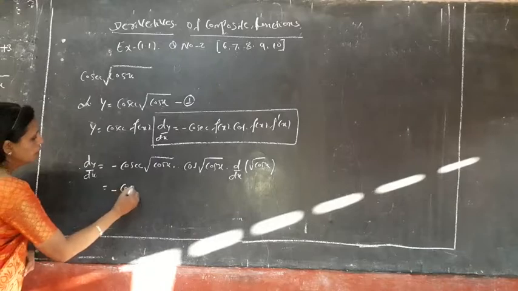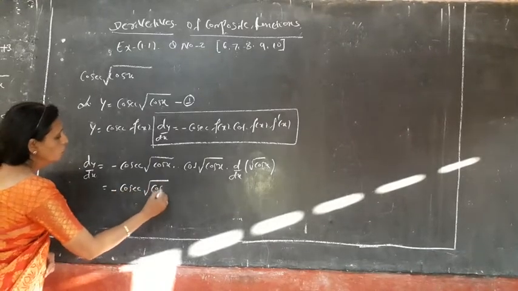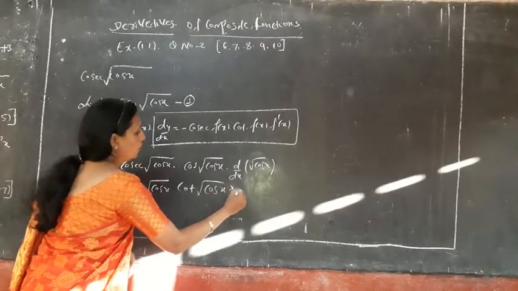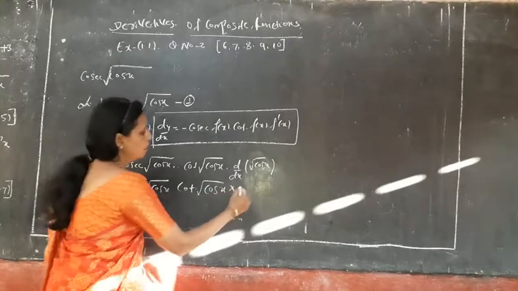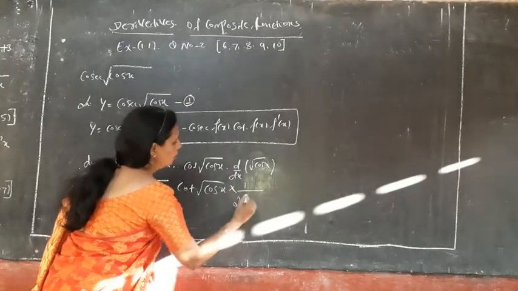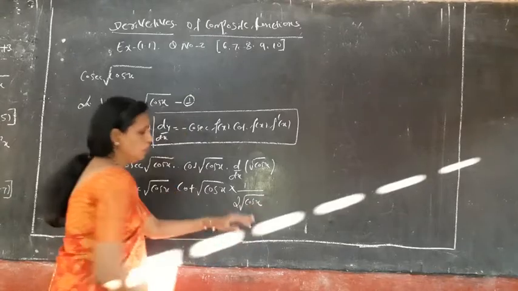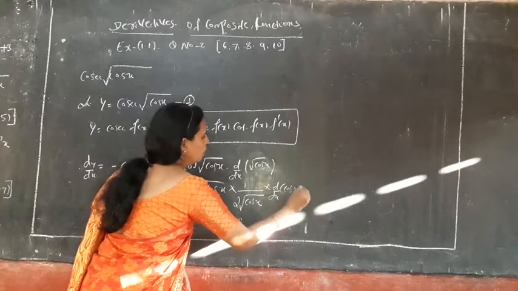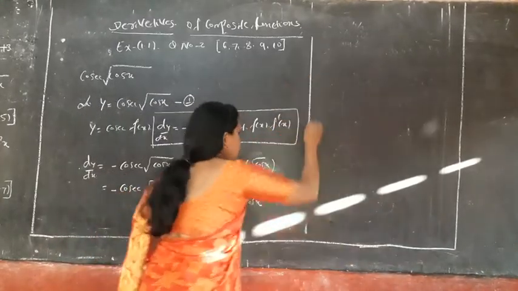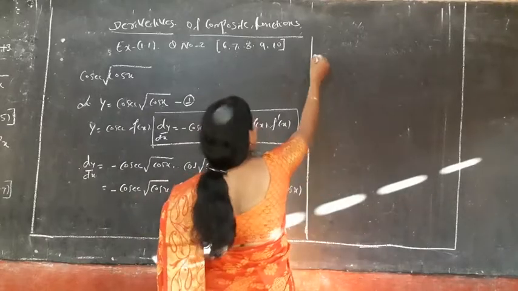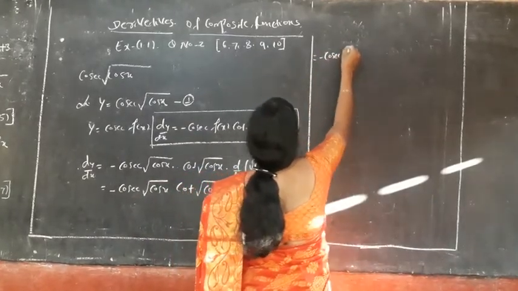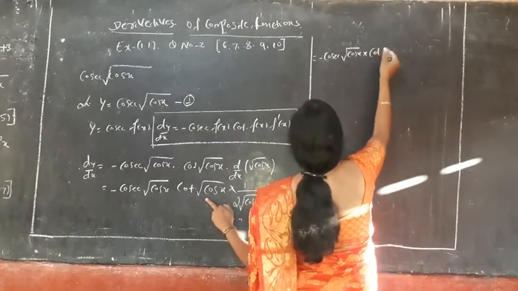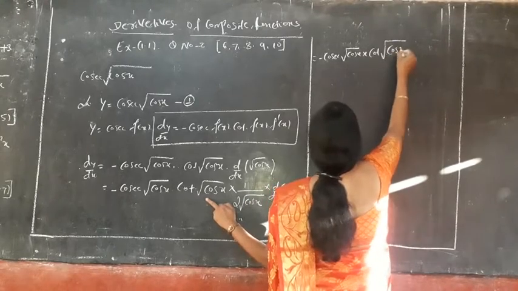Differentiation of the root function is 1 upon 2 root cos x into differentiation of cos x.